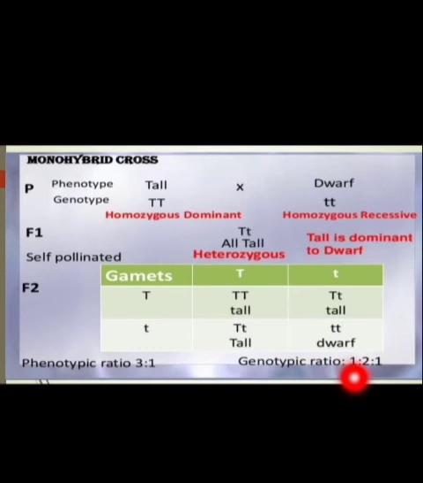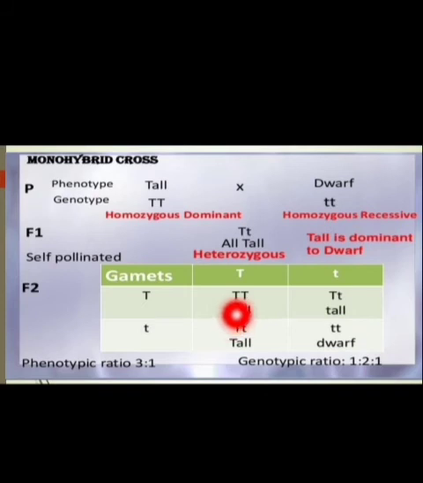And the genotypic ratio is 1:2:1. See the genes. The genotypic ratio refers to the genetic constitution of the organisms. See here, it is a tall plant but it is homozygous, that is capital T. This one is a tall plant but it consists of the genes capital T, small t, meaning it is heterozygous, right?